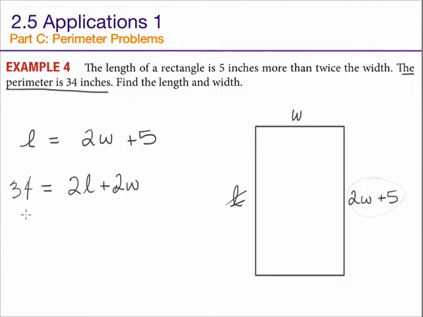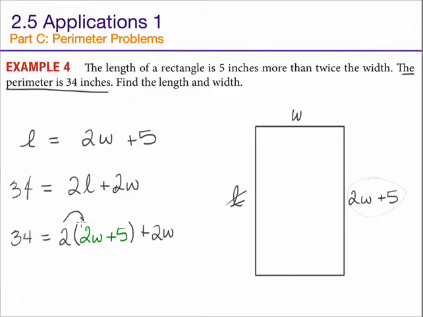Let's rewrite this statement. 34 equals 2L plus 2W, but let's not write the L as L. Let's write it the other way we can write L. Let's write it as 2W plus 5. I've substituted for L the value of L, the other way of writing L. Now that I've done that, I have an algebraic equation that I can solve, and it only has one variable in it.